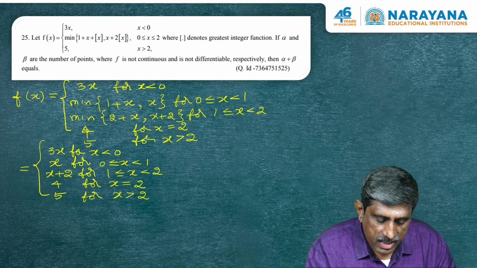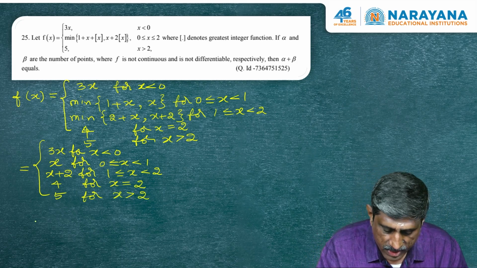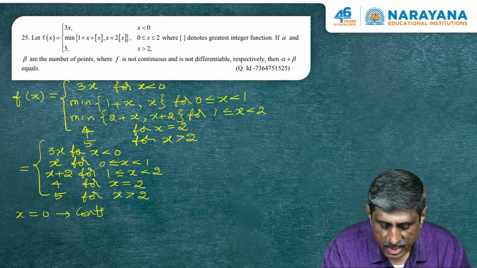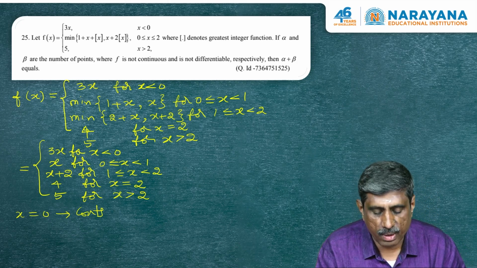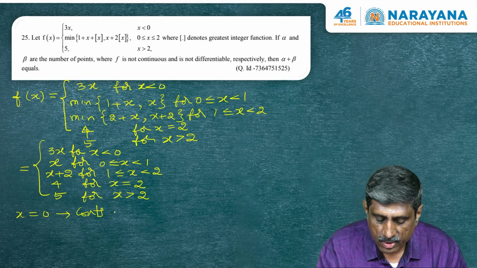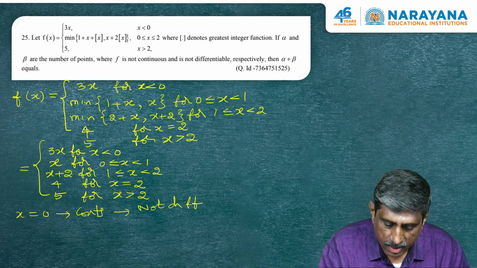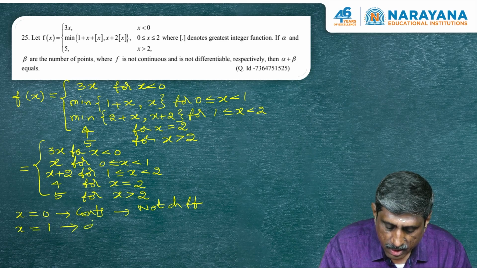Identify that at x equal to 0, the function is continuous and clearly not differentiable. We can easily identify, and because it is a continuous function, we can find the derivative by the direct derivative method. It becomes 3 on one side and 1 on the other, so not differentiable. At x equal to 1, the function is discontinuous. Because it is discontinuous, it is automatically not differentiable.